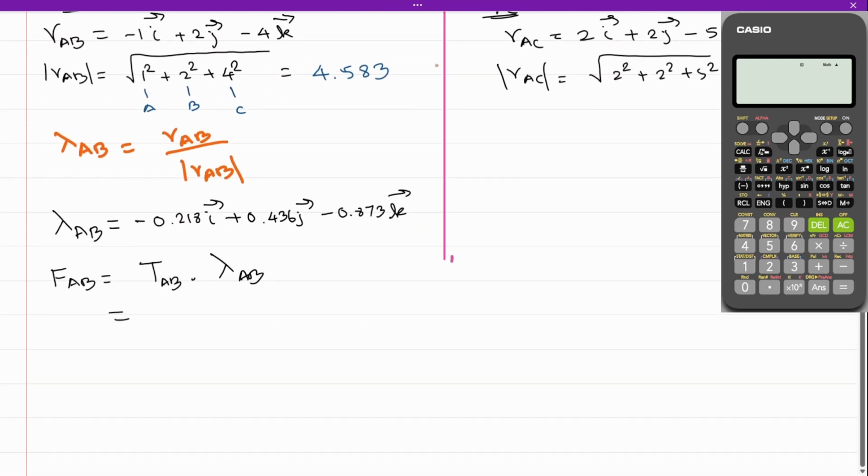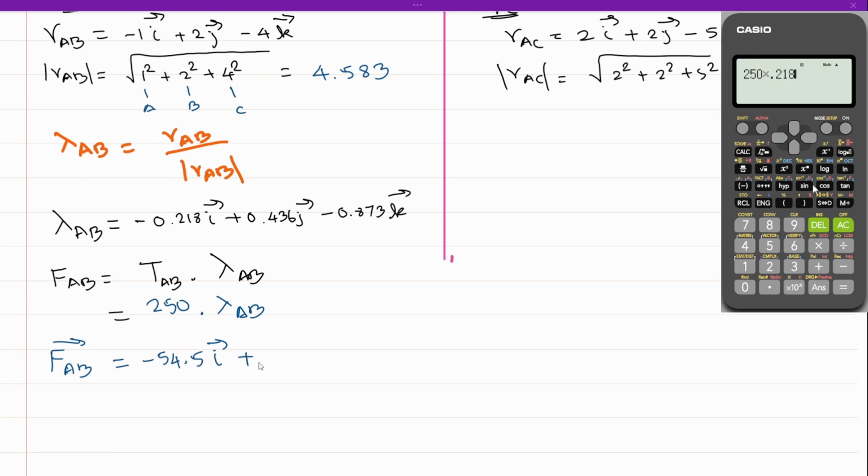So I have to multiply the values with 250. 250 into 0.218 is 54.5, so minus 54.5 I vector.